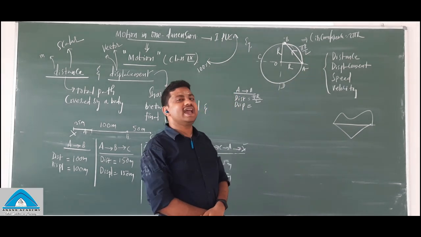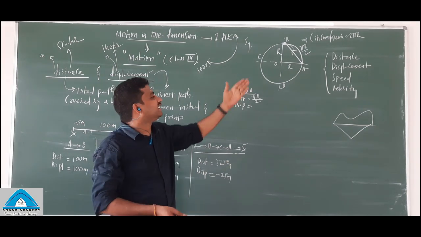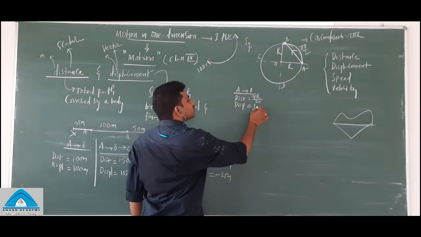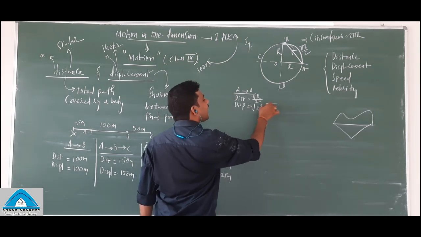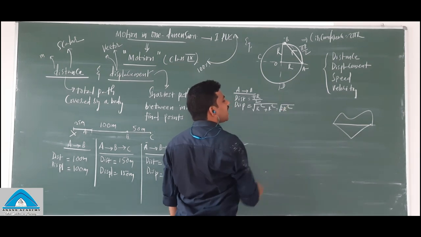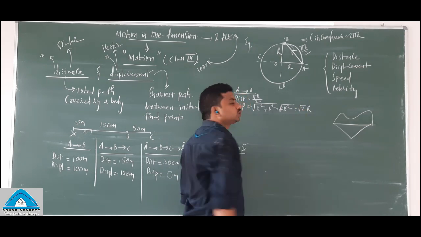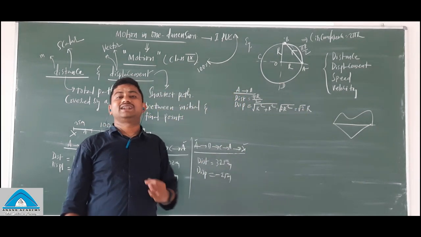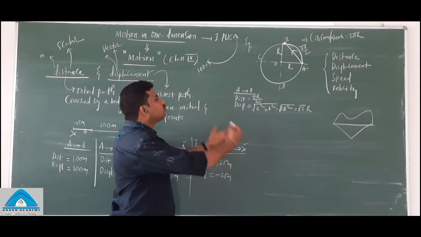The hypotenuse of the triangle is the displacement, which is equal to the square root of the base squared plus the height squared. So from here, I can write the square root of r squared plus r squared, which is 2r squared, so I can write it as root 2 into r. That's the displacement of the particle. Okay, clear? And let us discuss one more.